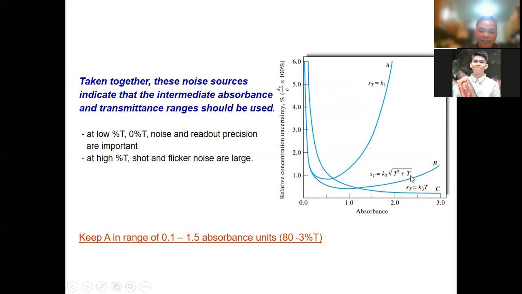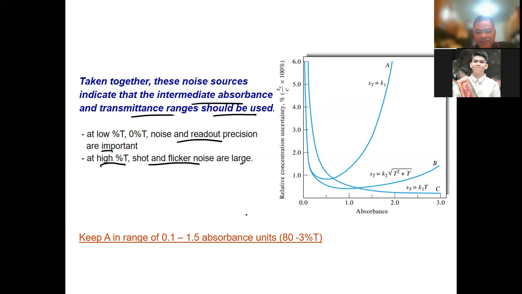if we're going to take into consideration these different noises, taken together, these noise sources indicate that intermediate absorbance and transmittance regions should be used. So at low percent transmission or 0% transmission, the noise and the readout precision are important. Okay, and at high percent transmission, the shot and the flicker noise are what we call large.